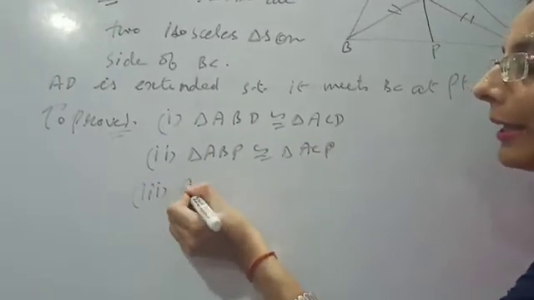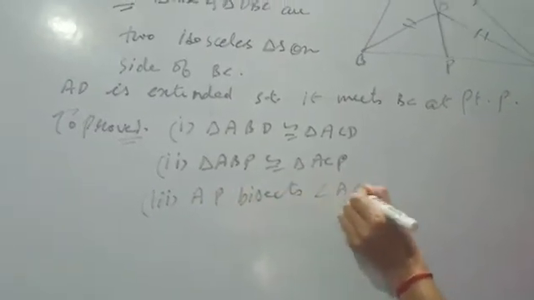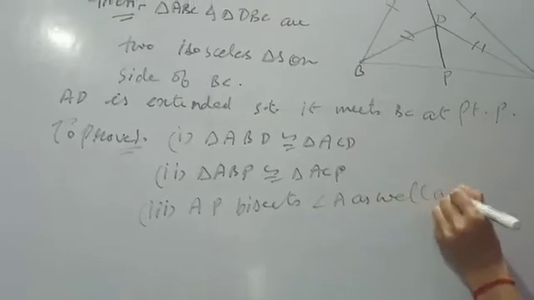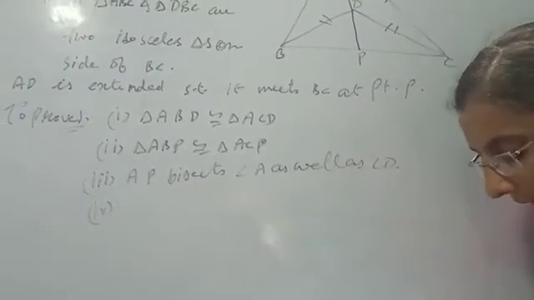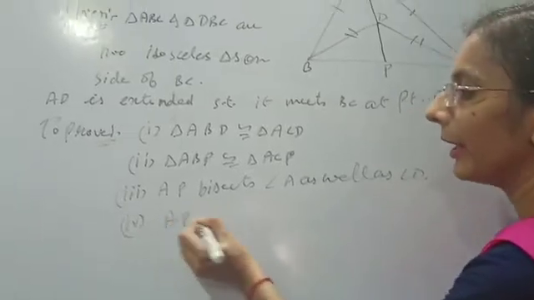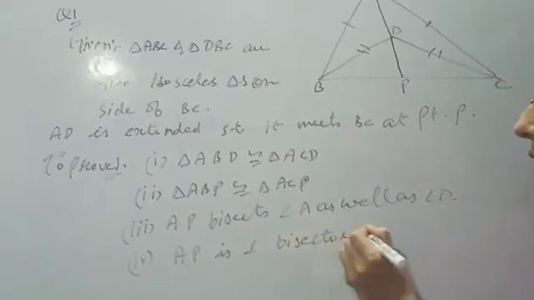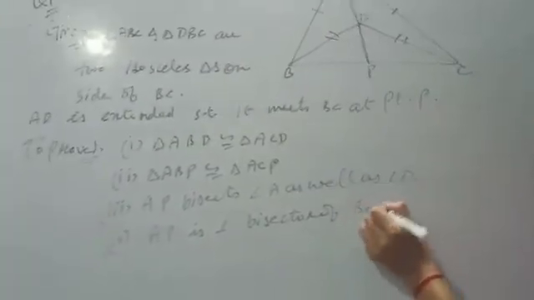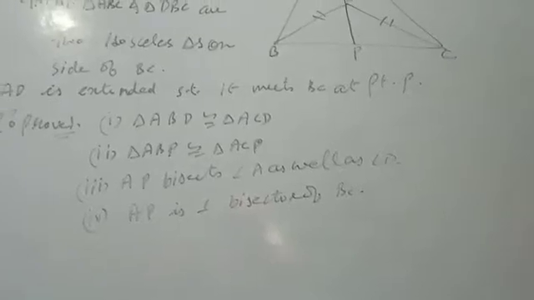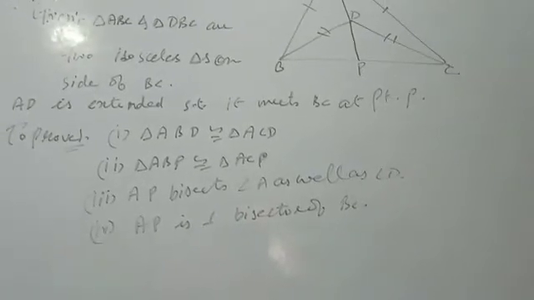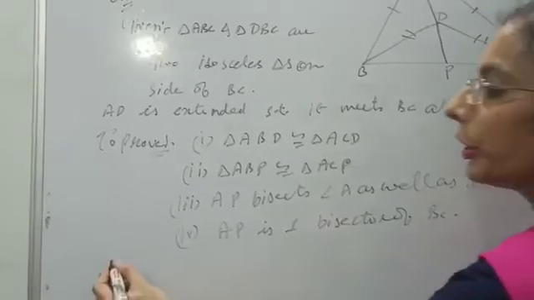Third, AP bisects angle A as well as angle D. And fourth, AP is the perpendicular bisector of BC. This we want to prove. Now let us start with the question. Here is the solution of the question.